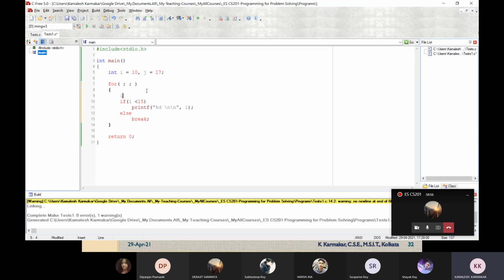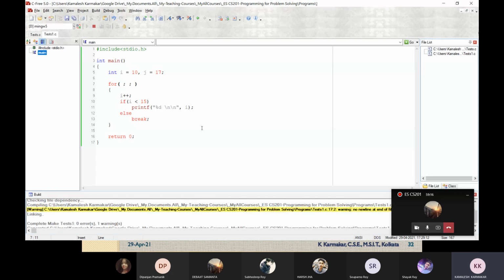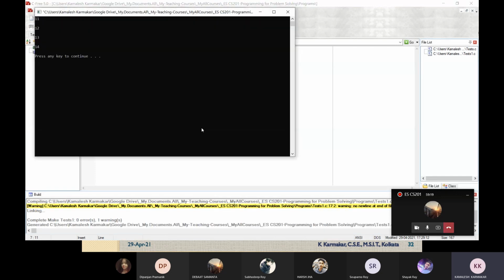So here I am writing i plus plus. i is being incremented. Now the value of i will be checked. If this value of i is less than 15, it will break. So in this for loop, we don't have initialization, condition checking, as well as increment or decrement operator. So if I run this program, then it will be like this.